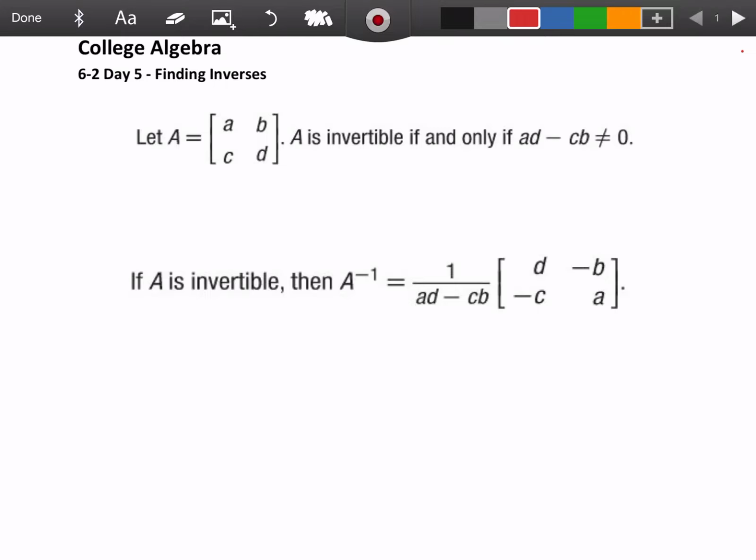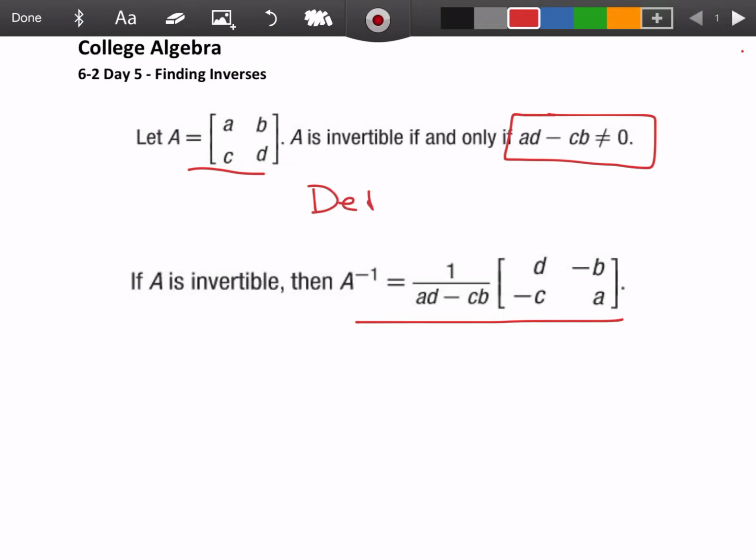Here it's just, you've seen this before. If we had a matrix A that looked like this, it is invertible if the determinant is not equal to 0. And then if it is invertible, this is how you find the inverse. So this is the inverse formula.